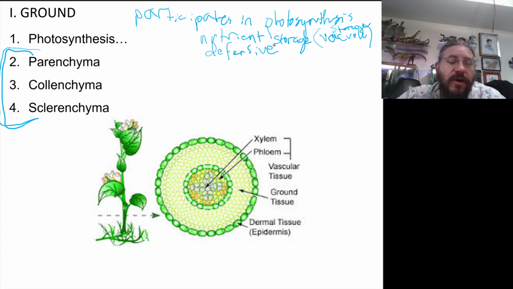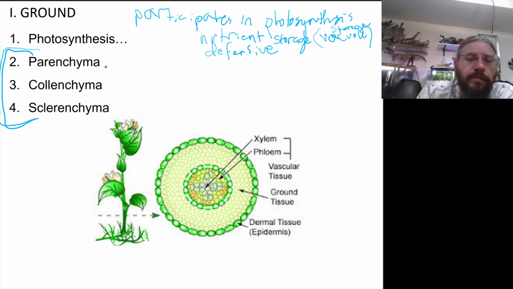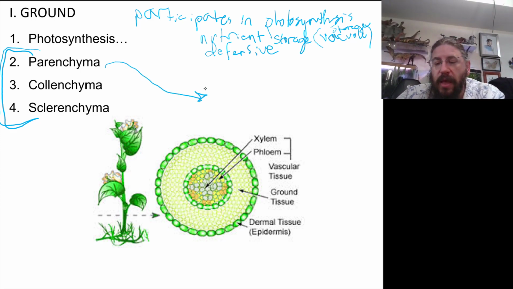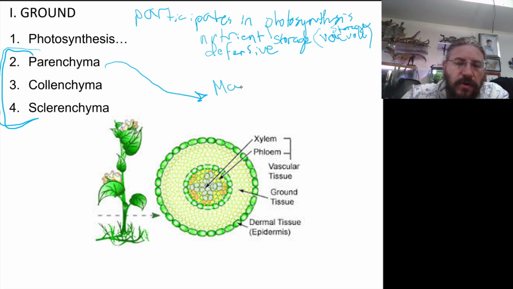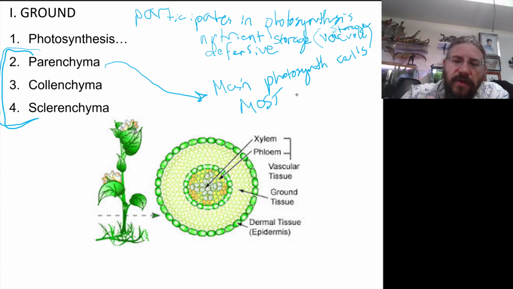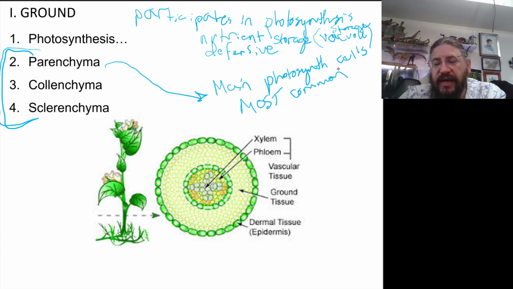So let's separate out those three different types of cells in the ground tissue. Parenchyma. Parenchyma is the photosynthetic cells, the main photosynthetic cells. That makes them the most common of all the ground tissue, right? So that's pretty cool.